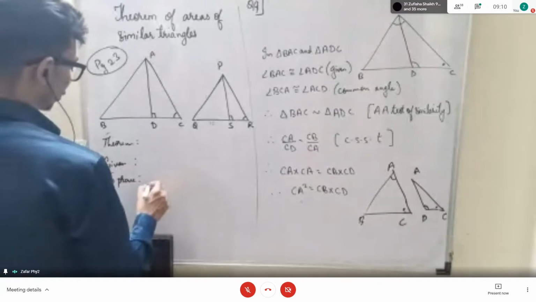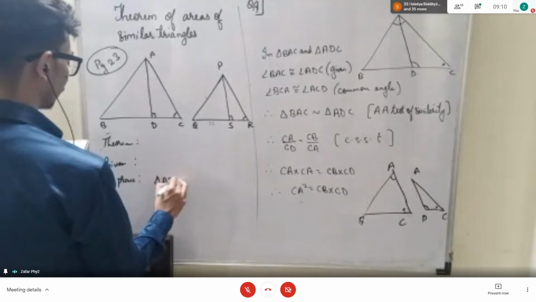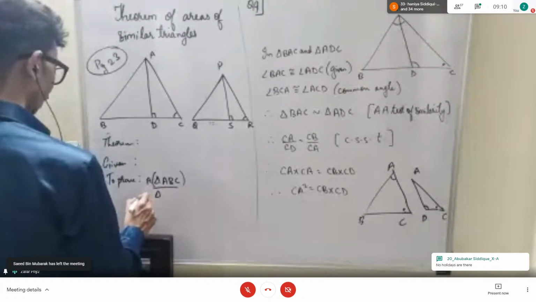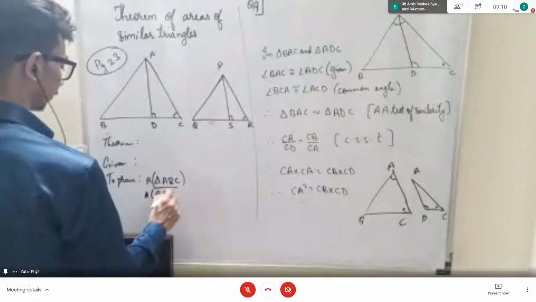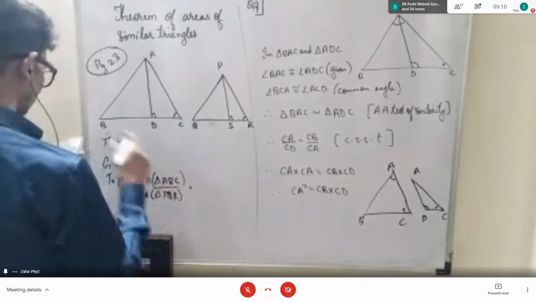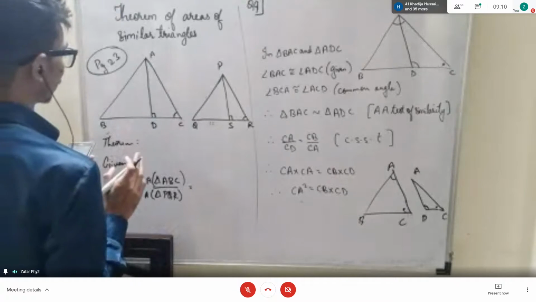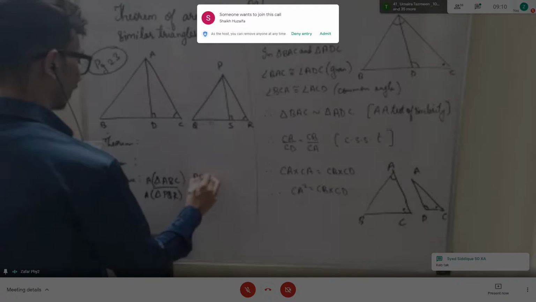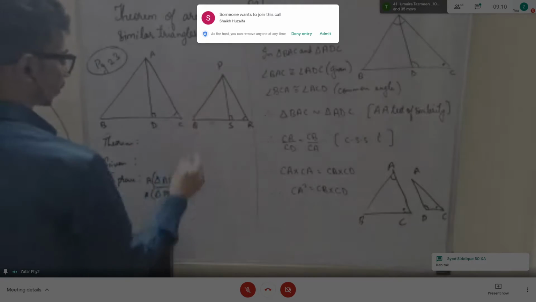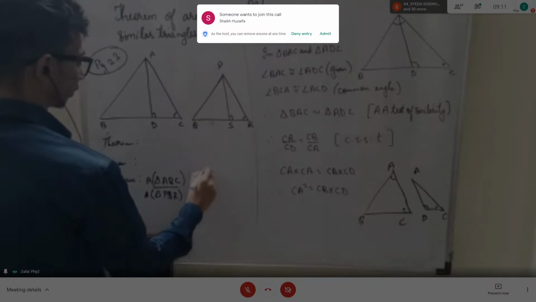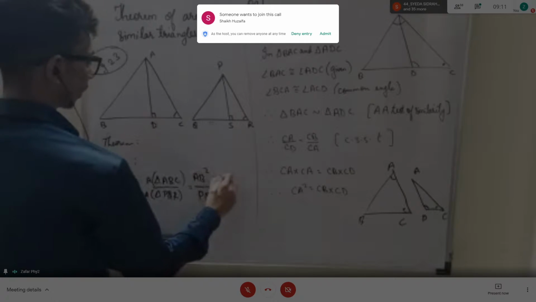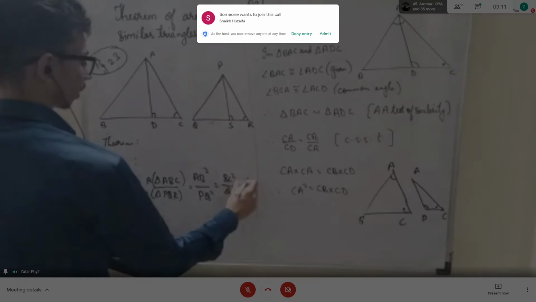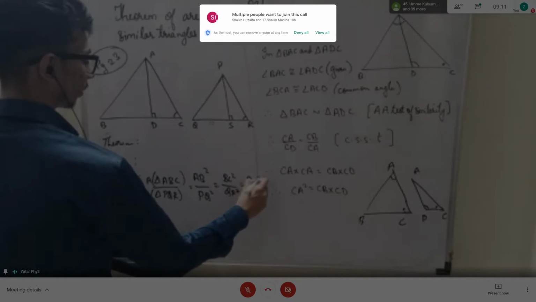So what do we have to prove? Area of triangle ABC upon area of triangle PQR is equal to the square of their corresponding sides. So like AB square, here it will be PQ, square of both, or you can say BC square upon QR square and AC square upon PR square. This we have to prove.